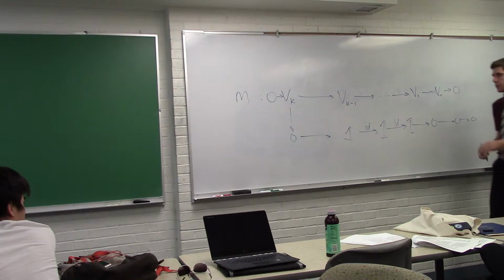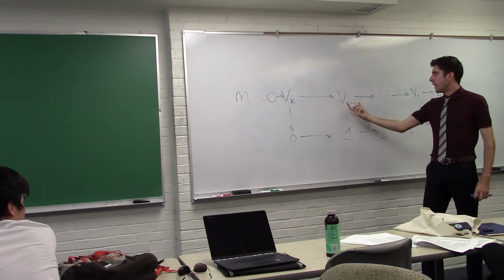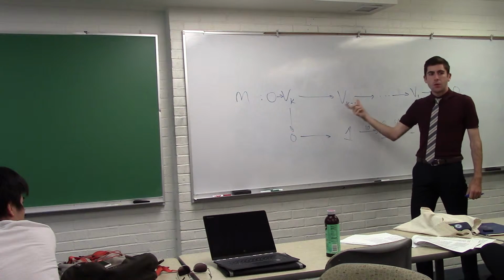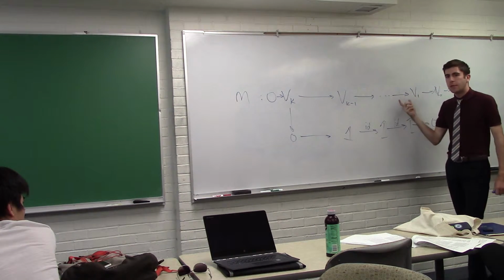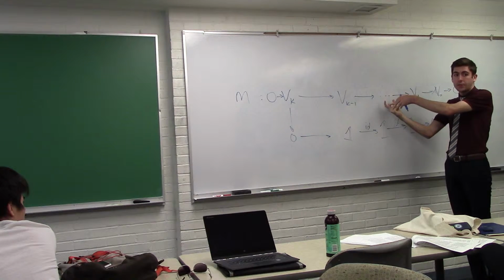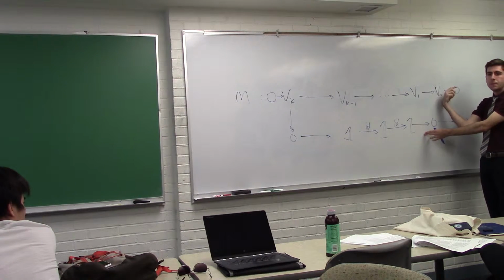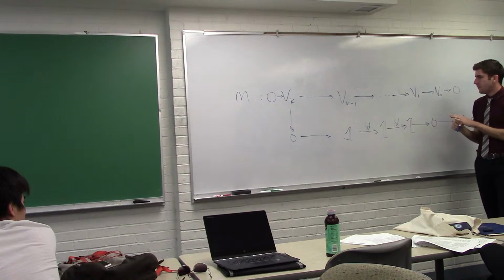This is like when we were tracking our basis elements. We would have created a basis element here, and then in these maps that basis element would have been in the image of a map, and then we would have applied the next map and it would still be there, and then here it would have been in the kernel, and so it would have disappeared.